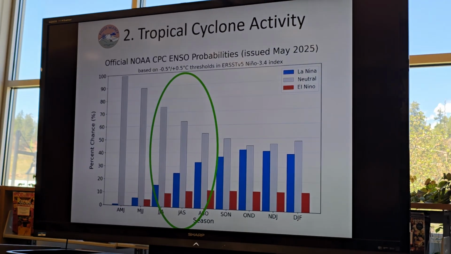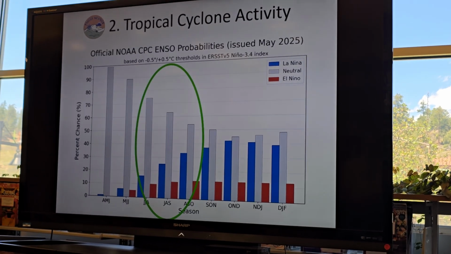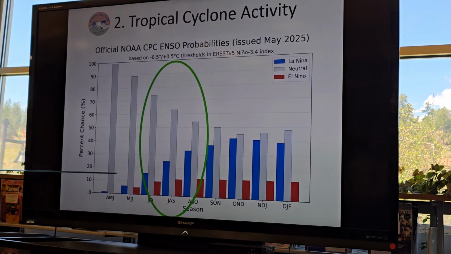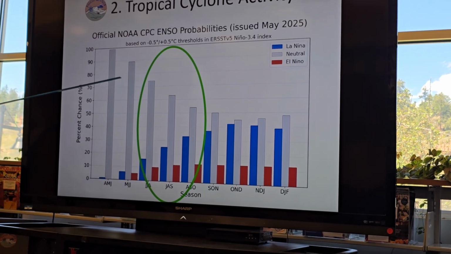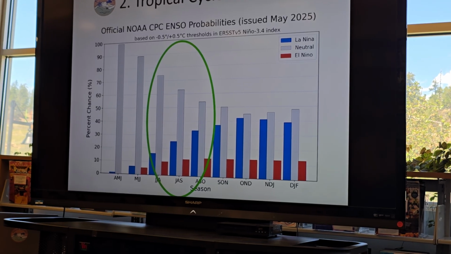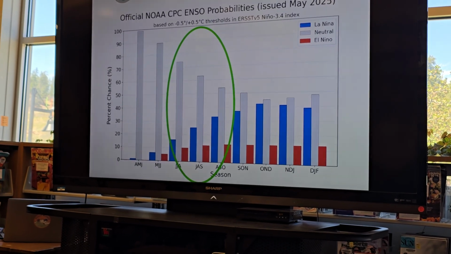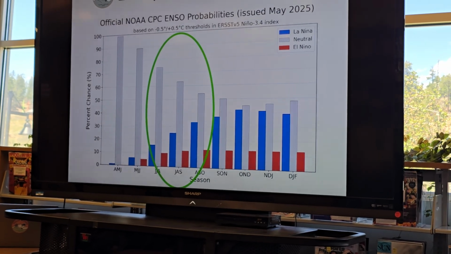In looking at the forecast, this is all done in probabilities. For the summertime, there's a probability anywhere from 75% down to about 55% that we're going to be more neutral. Neutral is in the gray, La Nina is in the blue, and El Nino's in the red.